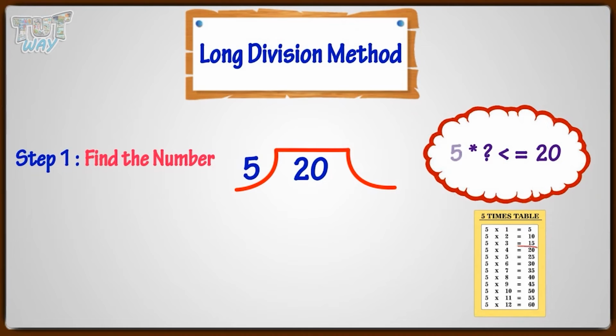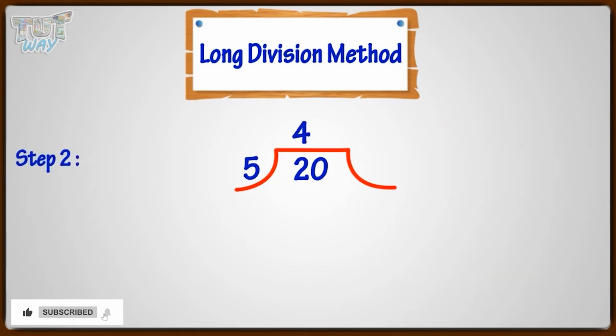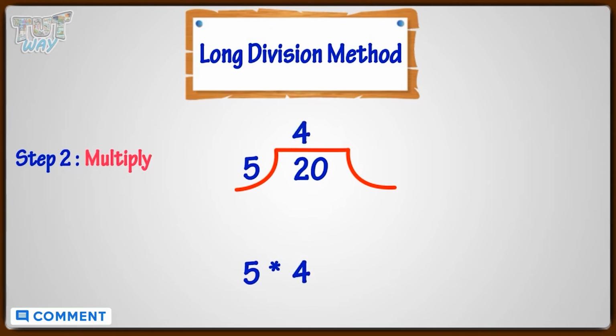Yeah! 5 multiplied by 4 is 20. So, 4 is the number we want. Write it in the quotient. Now, the second step is multiply. Now multiply 5 with 4 and write the multiple below.